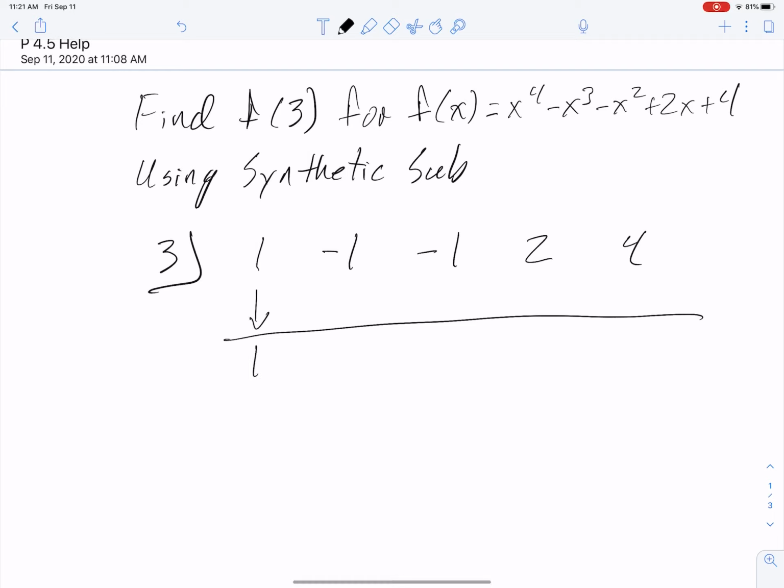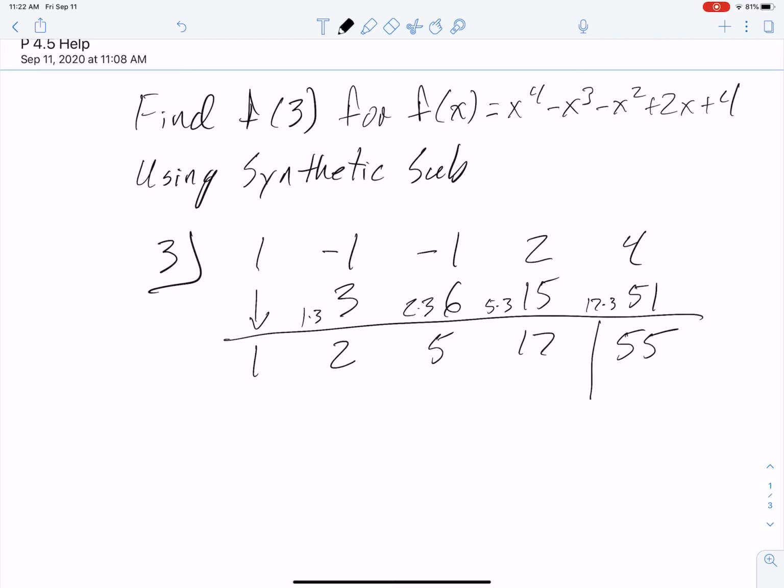I bring down my first value, and I know 1 times 3 would get me 3, negative 1 plus 3 would get me 2, 2 times 3 would get me the next value, and negative 1 plus 6 would be 5. 5 times 3 would get me my next value, which is 17. And then 17 times 3 would get me my next value, 51. 51 plus 4 is 55. So I know that f of 3 would have equaled 55.